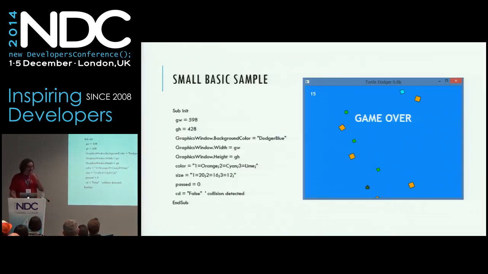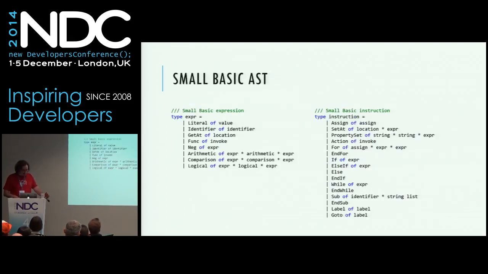I showed you that the compiler actually isn't just a toy thing. It's actually completely faithful to the Small Basic language, but also adds powerful pattern matching, select case, and function types. This is a cleaner version of the AST. Now, this is kind of interesting.